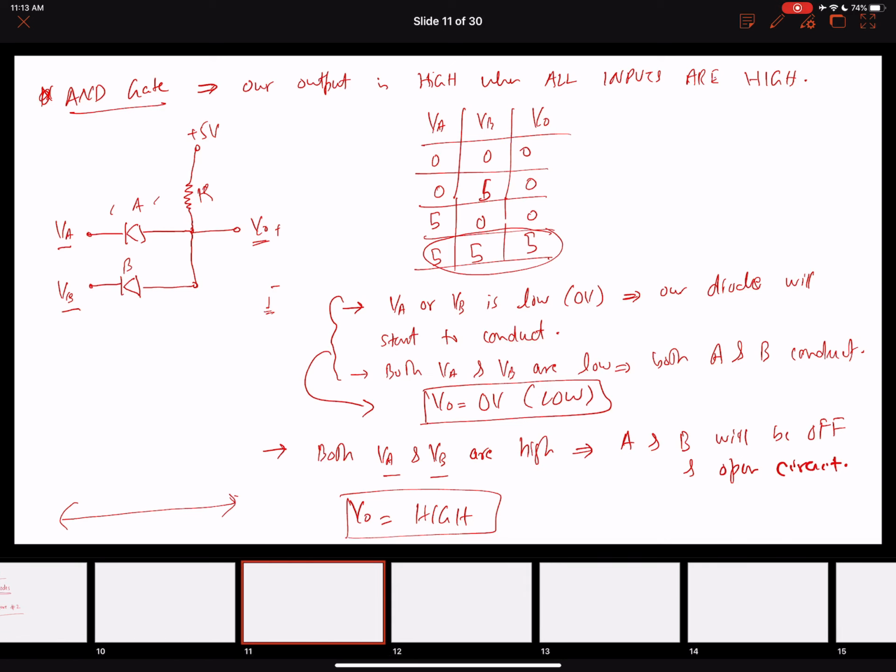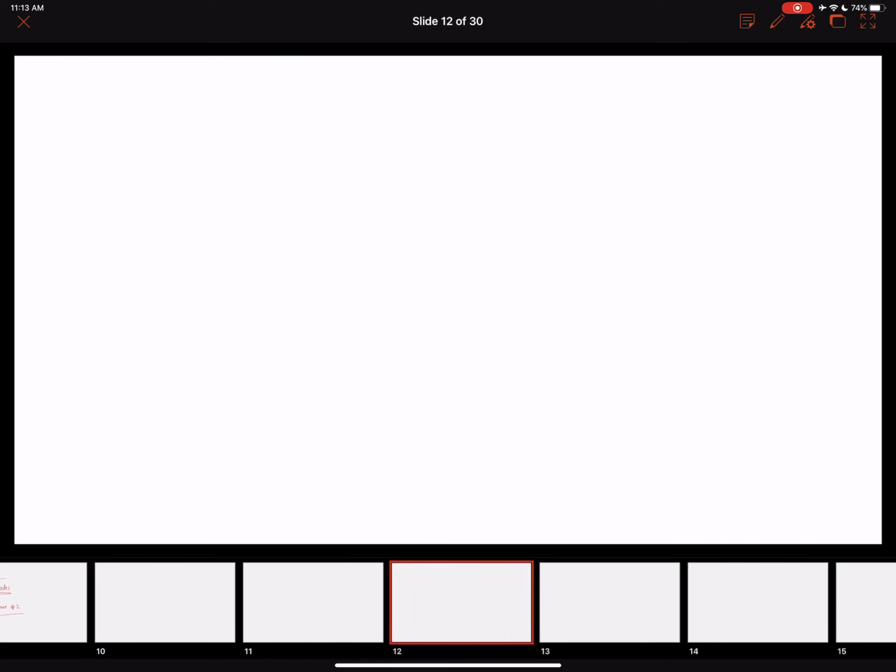Now let's do a couple of examples on how we solve diode circuits. Here is a diode circuit.